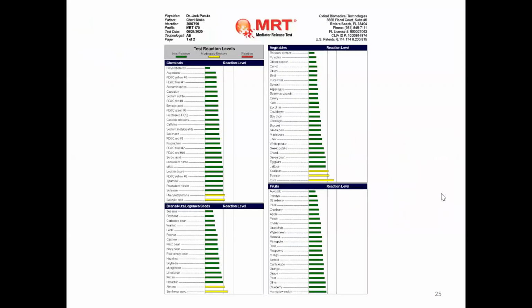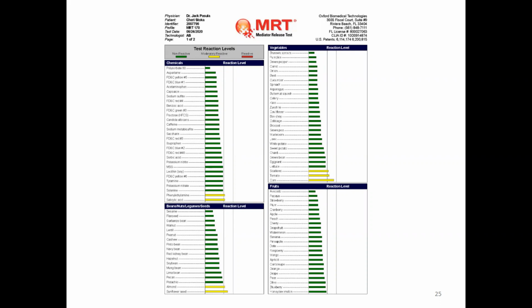So I'm going to take you through my tests briefly. This is one of my tests. I've done several. Obviously, the more reactive you are to certain foods would indicate how healthy your gut is, because foods become a problem when your gut is out of balance or compromised.